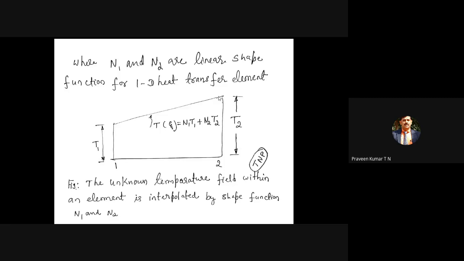Already you have created 2 nodes, one for the inside surface and one more node for the outside surface of the furnace. By using those interpolation functions, we can get any value using this equation. That's the purpose of having interpolation. That's why it is said that the unknown temperature field within an element is interpolated by the shape functions N1 and N2.